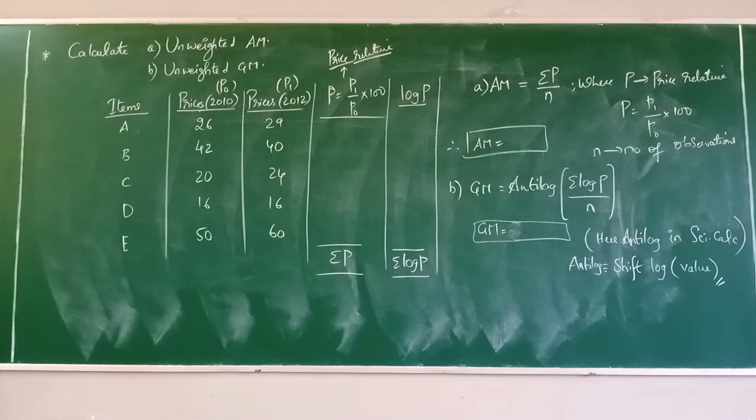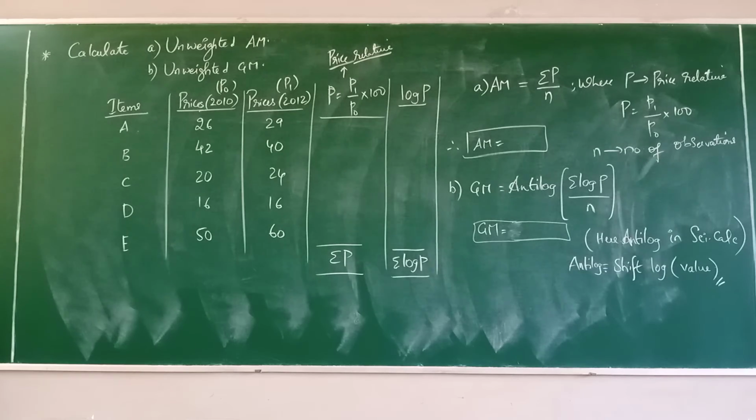So remember, whenever you calculate arithmetic mean and geometric mean, one thing you observe carefully: arithmetic mean value will always be greater than geometric mean, because AM has greater weightage. Each and every item will be considered, with equal importance.